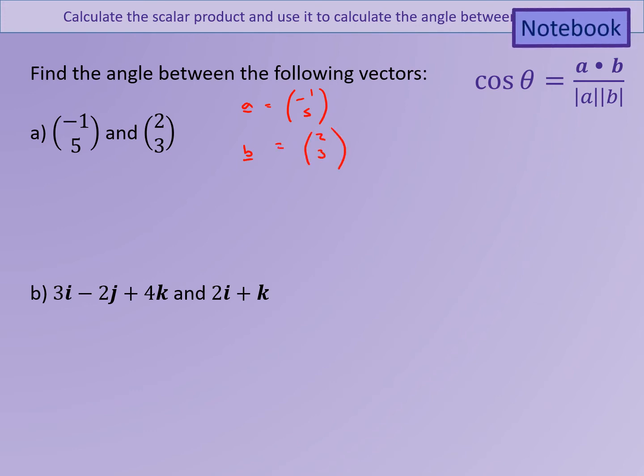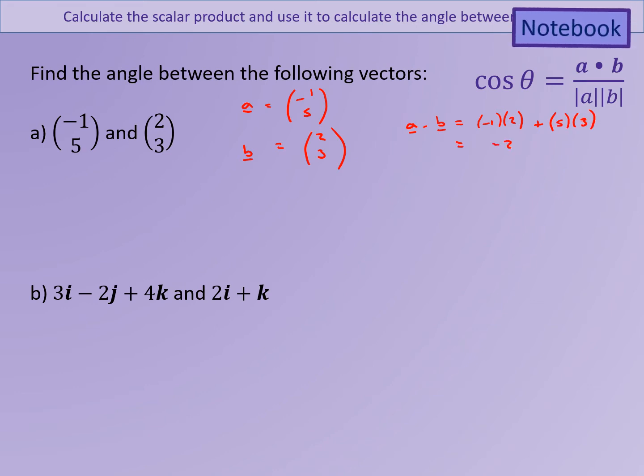We're then going to calculate each of the things in the formula. So A dot B will be -1 multiplied by 2 plus 5 multiplied by 3.